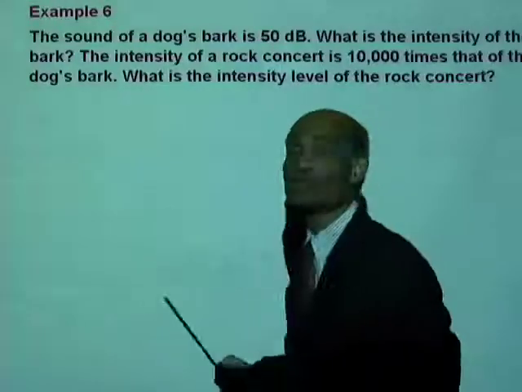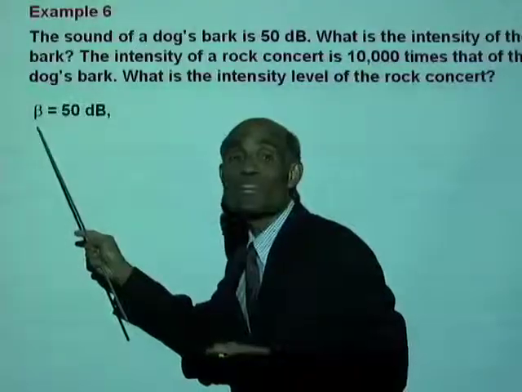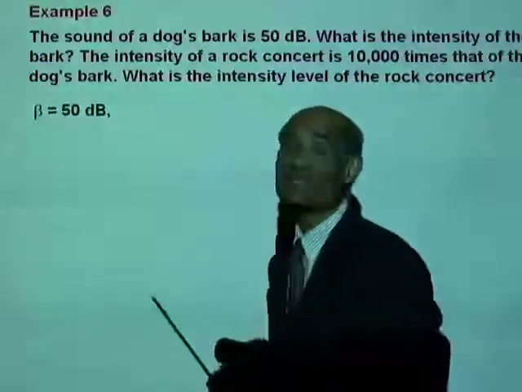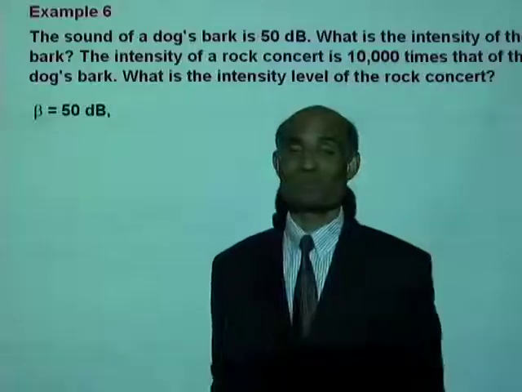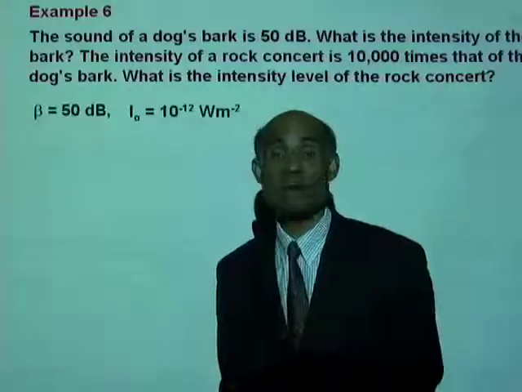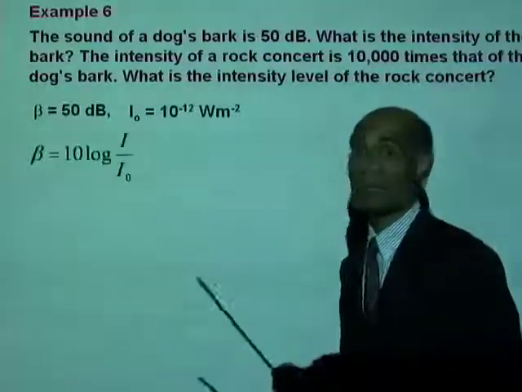Alright, let's start with the first part. What are the things we know? You are given the intensity level, beta equal to 50 decibels. You need to find the intensity of that sound. Alright, I0 we know is 10 to the power of negative 12 watt per square meter.